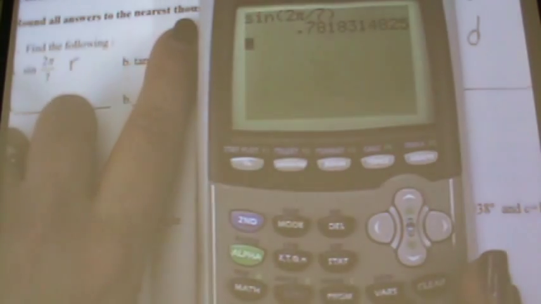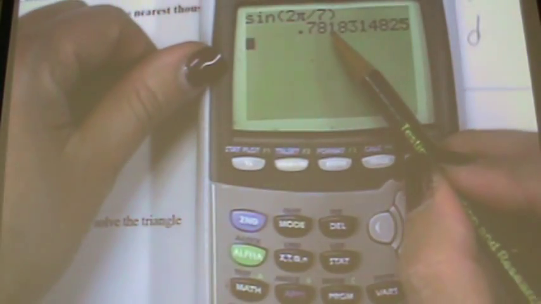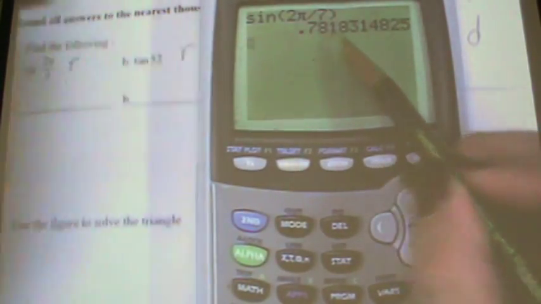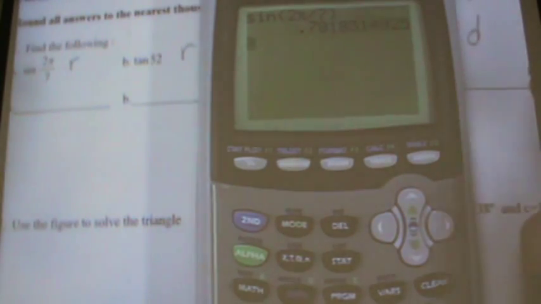It's 0.7. Now read the directions. What does it say? Round to the nearest thousandth. There's your thousandth, so it should be 0.782. Should be your answer.